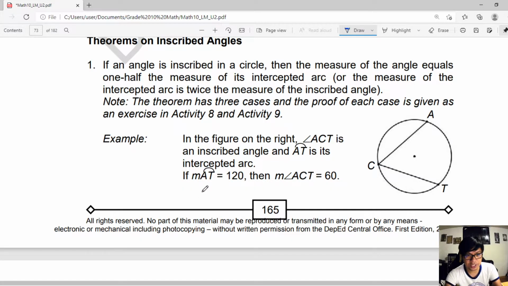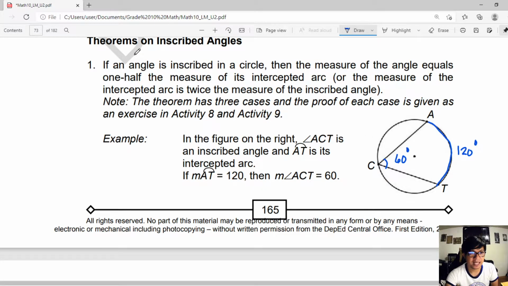If the measure of arc AT is 120 degrees, then the measure of the inscribed angle, which is angle ACT, is 60.